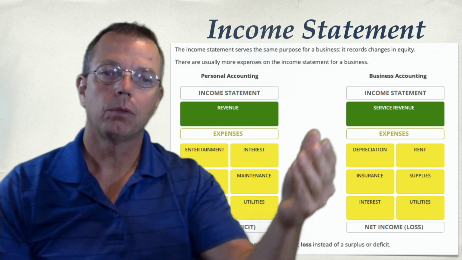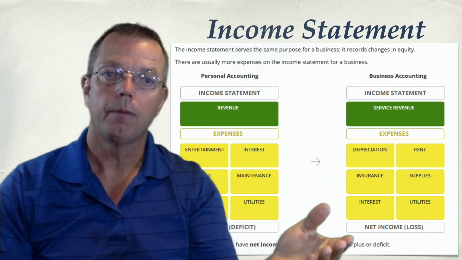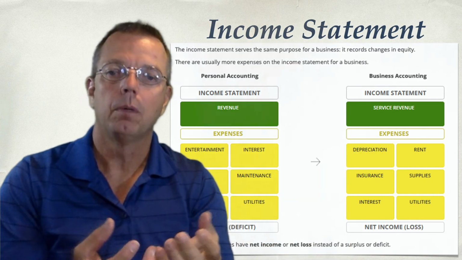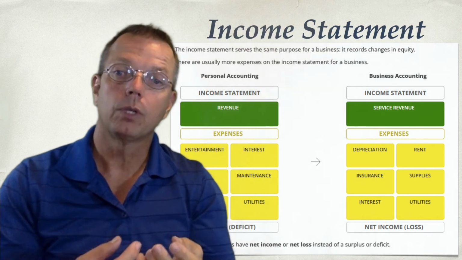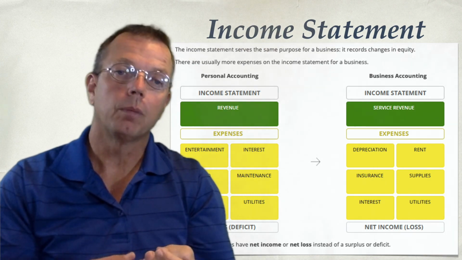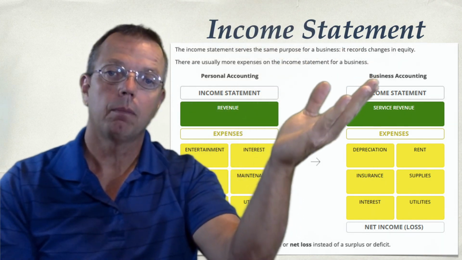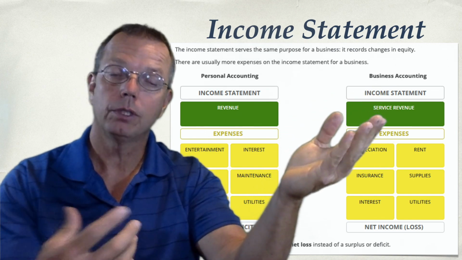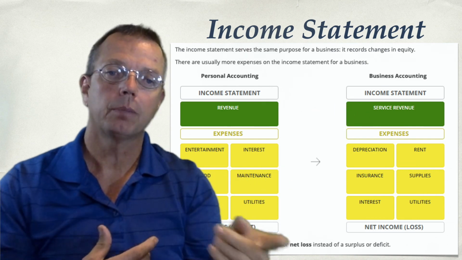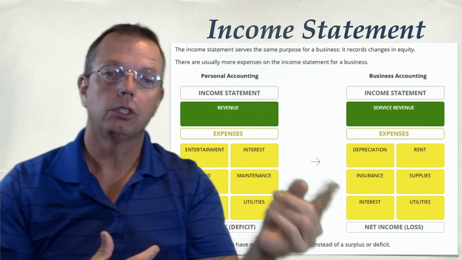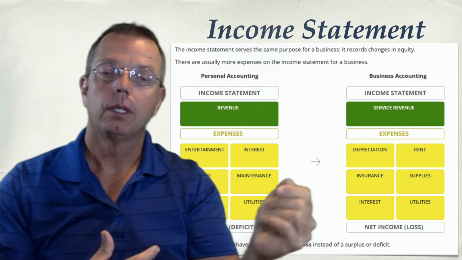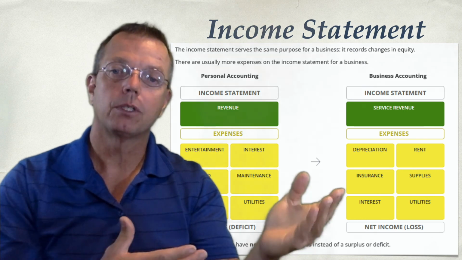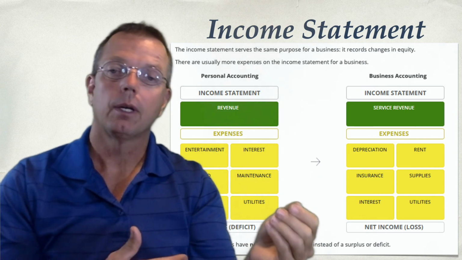And then afterwards, we subtract all the expenses, right? At the end of the day, we want to know how much income or revenue the company has made. So the formula generally is the revenue you actually make, service revenue, so you're providing a service, minus all the expenses: depreciation, insurance, rent, and any other expenses that fall under that category.